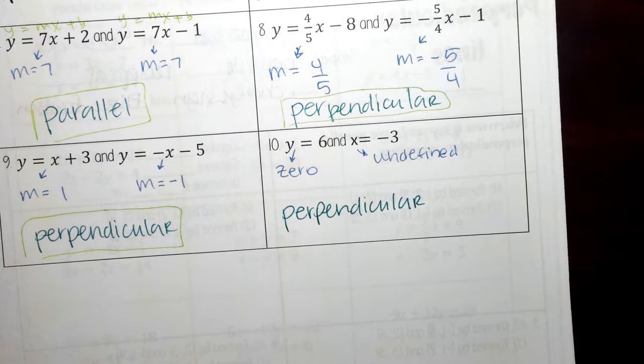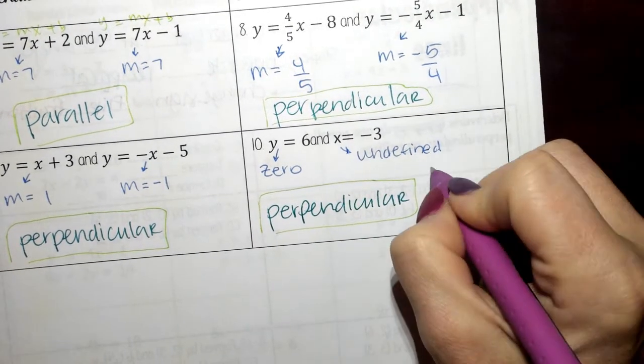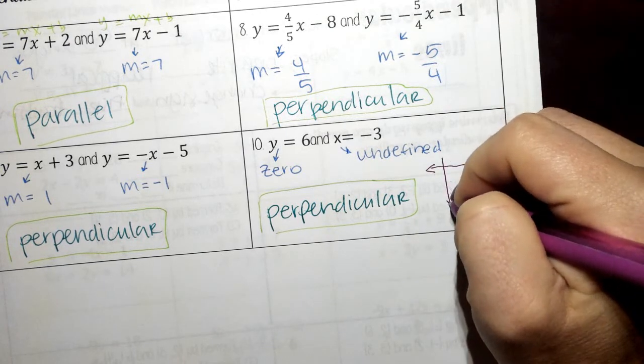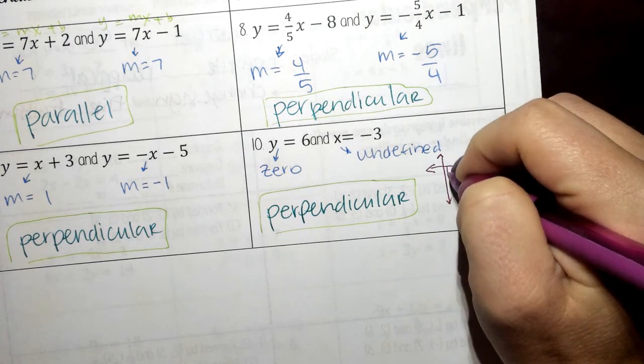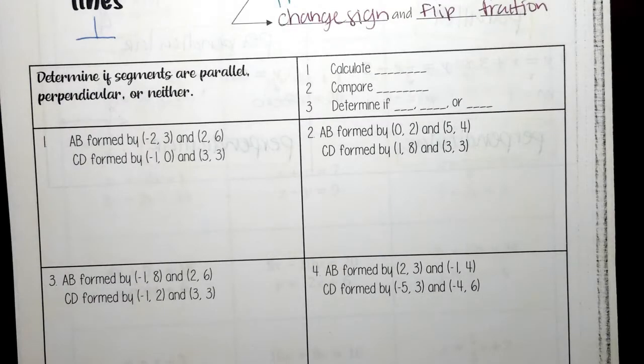So why is this true? Let's just look at it. If we have a horizontal line like this and a vertical line like this, they have to meet at that 90-degree angle.